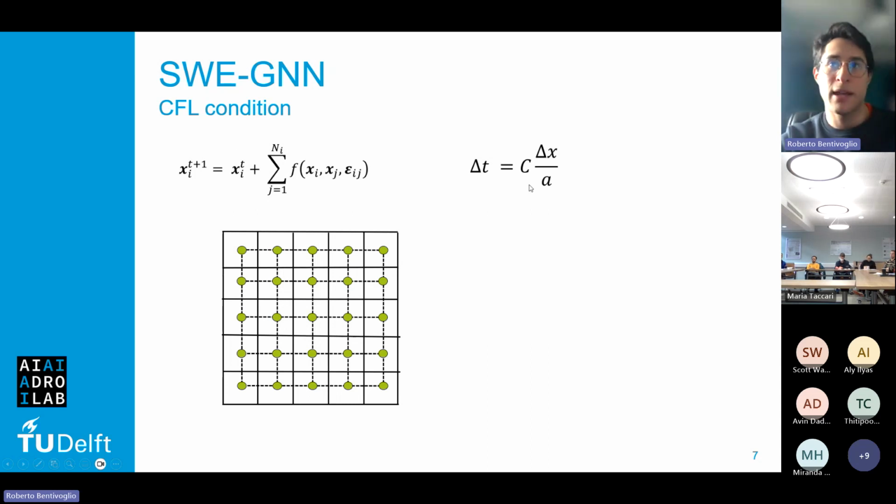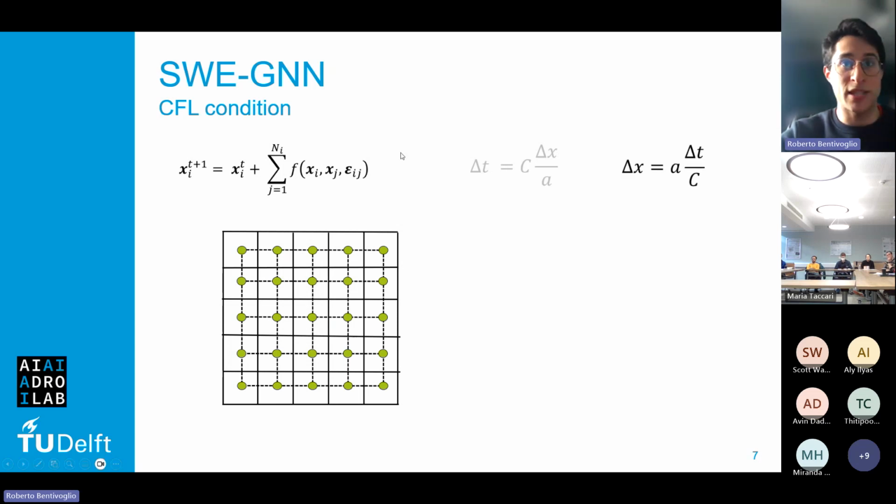So the time step has to be proportional to some constant times the discretization of the mesh divided by some flow propagation speed. Well, in our case, we want to do it the other way around, not determining the time step based on the spatial discretization, but vice versa, because we want this function to work for a given time step. So we would want something like this, which is basically the inversion of the equation from before.